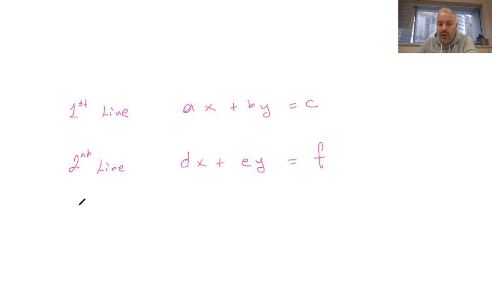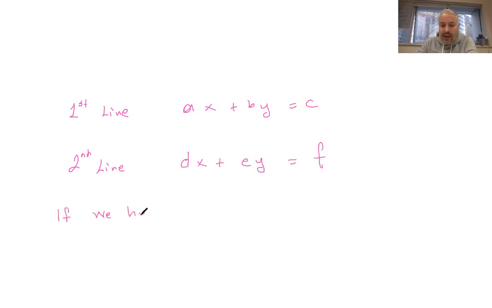So let me give you a rule. First line, let's say second line. If ax plus by is equal to c, you know this format, and the second line is dx plus ey equals f.